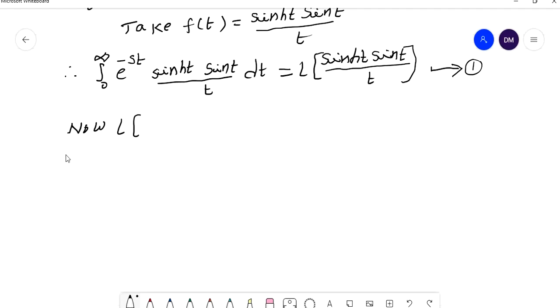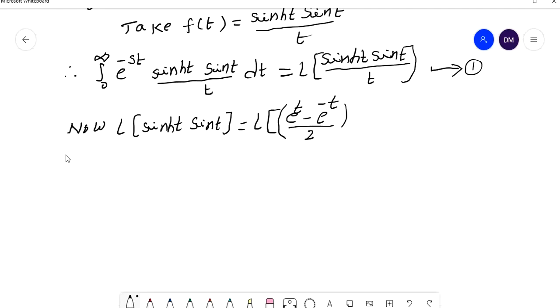Now first I can find L of sinh t into sin t. How can you find this? If you have the hyperbolic function, we can write it in terms of exponentials. We can write sinh t as (e^t minus e^(-t)) by 2, into sin t.